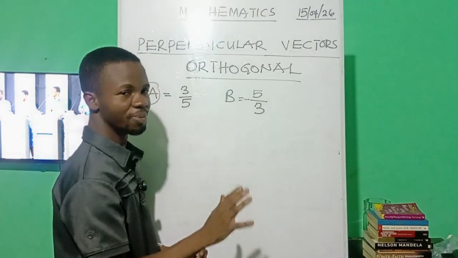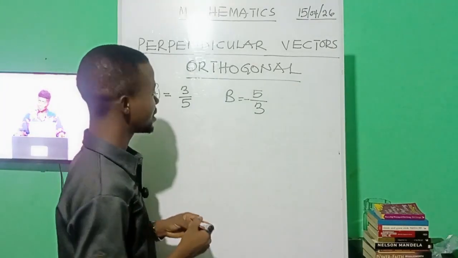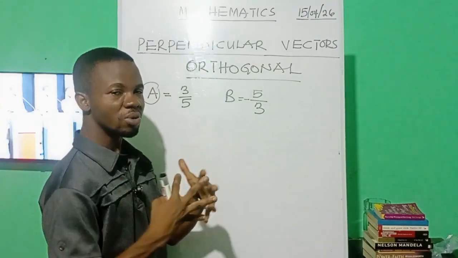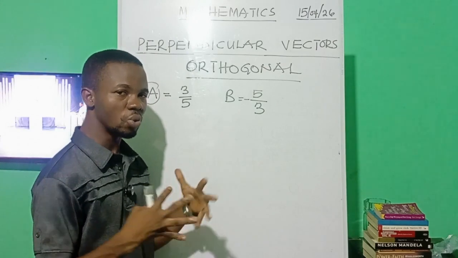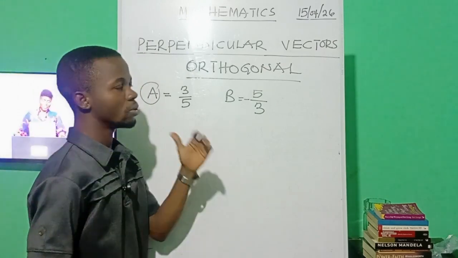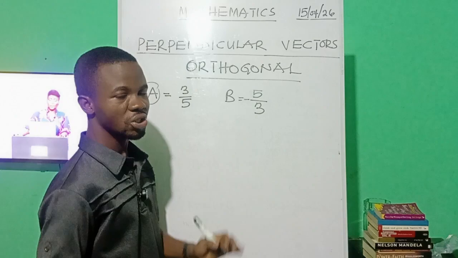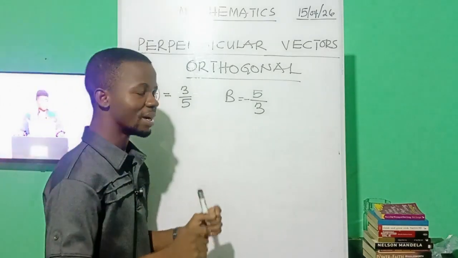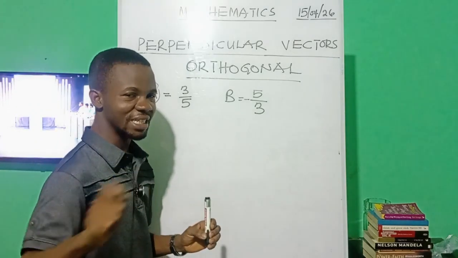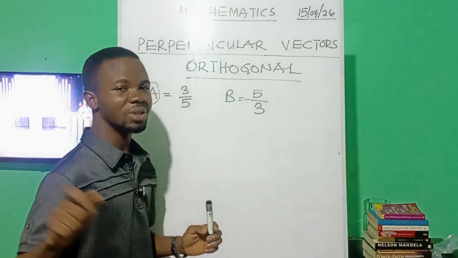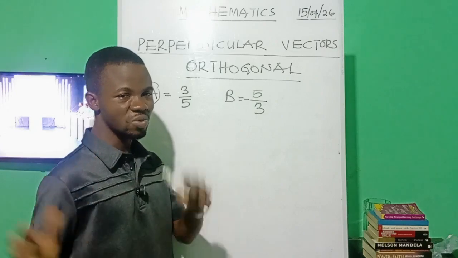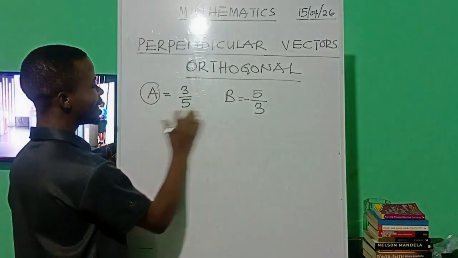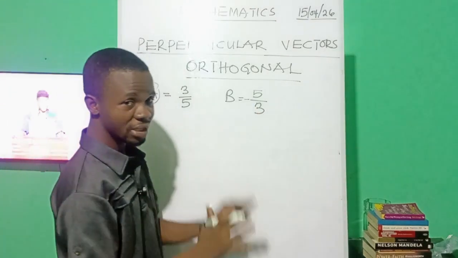So there's one property. Now you recall that I said when you multiply the gradient of two perpendicular vectors, you always get negative 1. So A and B are perpendicular.